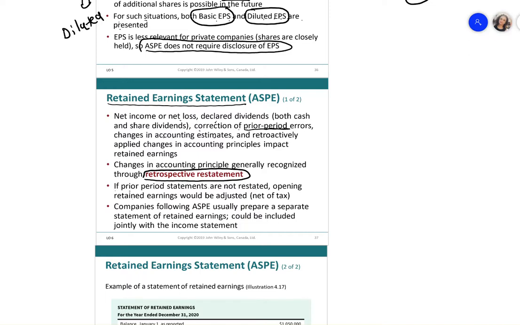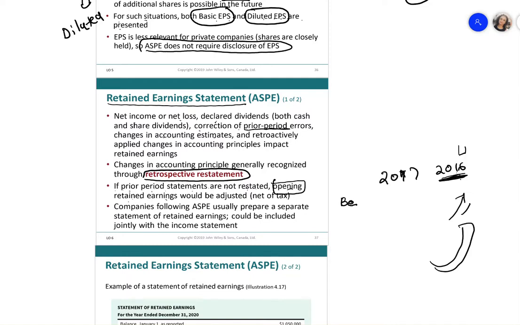If that's not the case, and the prior period statements are not restated, the opening balance of retained earnings will be adjusted. So if you made a mistake in 2016 and the books are not closed for 2016, you can go back and fix those corrections. If the books are closed and you're unable to fix it, then you have to adjust the beginning balance of your retained earnings.